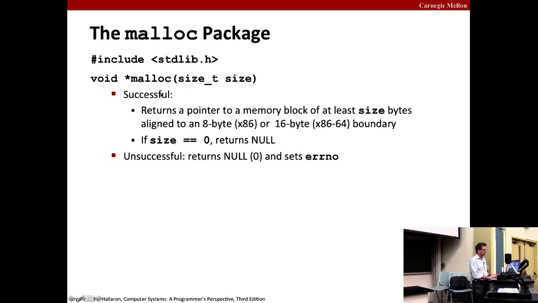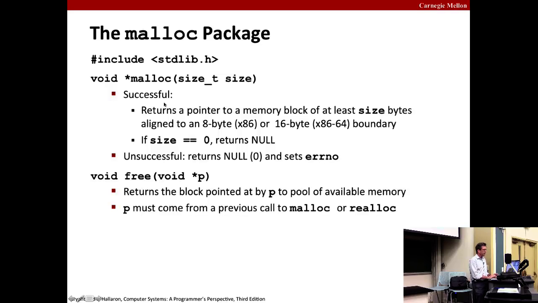And it returns -1 like most typical system calls. The programmer frees memory by calling the free function. It takes as an argument a pointer that was returned from some prior invocation of malloc, and it returns nothing. Given this pointer, it frees the block at that address and returns that block to the pool of available memory.